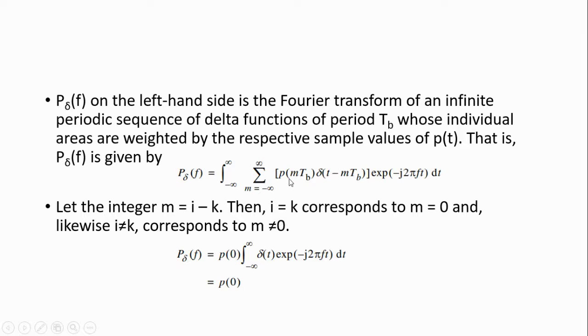If we substitute m equal to 0, P_delta(f) is equal to p(0) times the integral from minus infinity to plus infinity of delta(t) times the exponential of minus j2 pi f t. Here we know that, according to the delta function property, this integral is equal to 1. So P_delta(f) equals p(0).